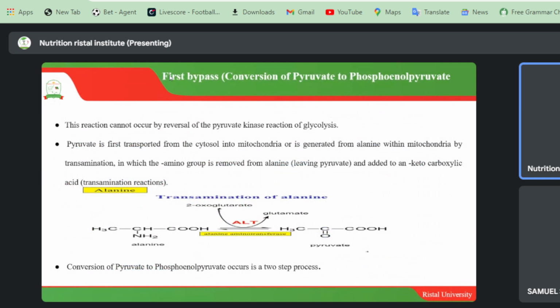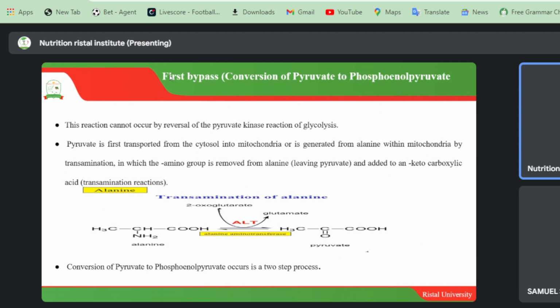So to continue with the bypasses, the first bypass is the conversion of pyruvate to phosphoenolpyruvate, which we call PEP. Pyruvate being the final product of glycolysis, it has to be converted back if we are to take a reversal of this process.